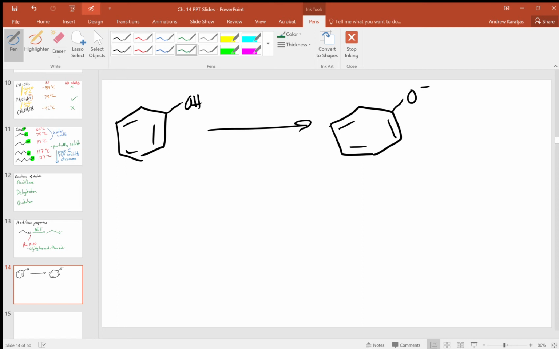So with a phenol, you can use something as simple as sodium hydroxide, and it'll easily deprotonate the phenol and give you an O-. And when you have substances that are this easily deprotonated, it leads to some very useful properties.